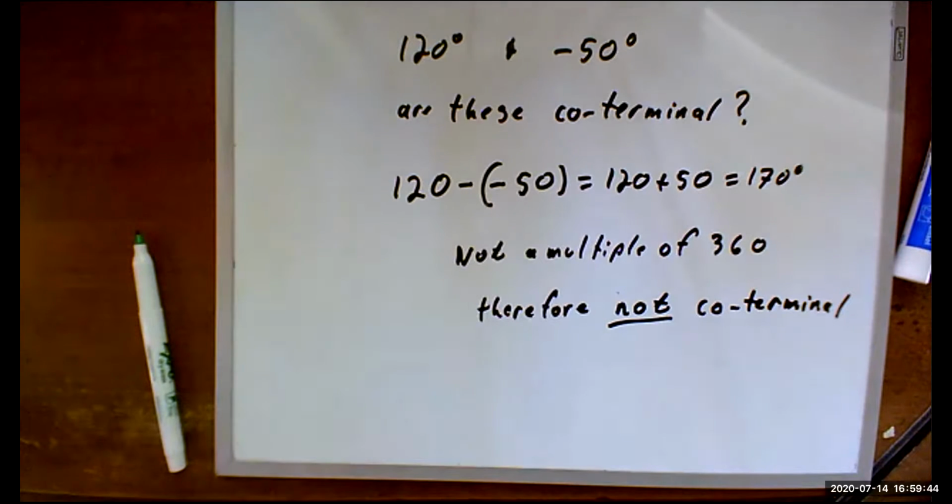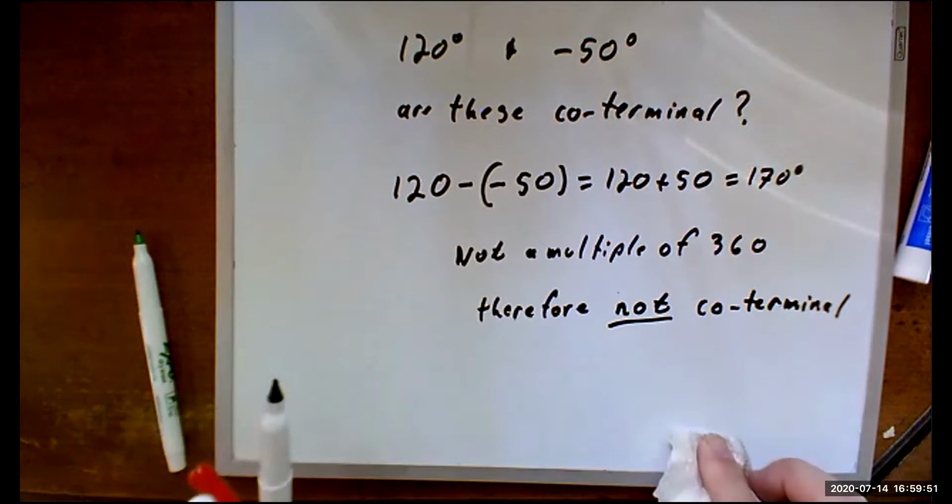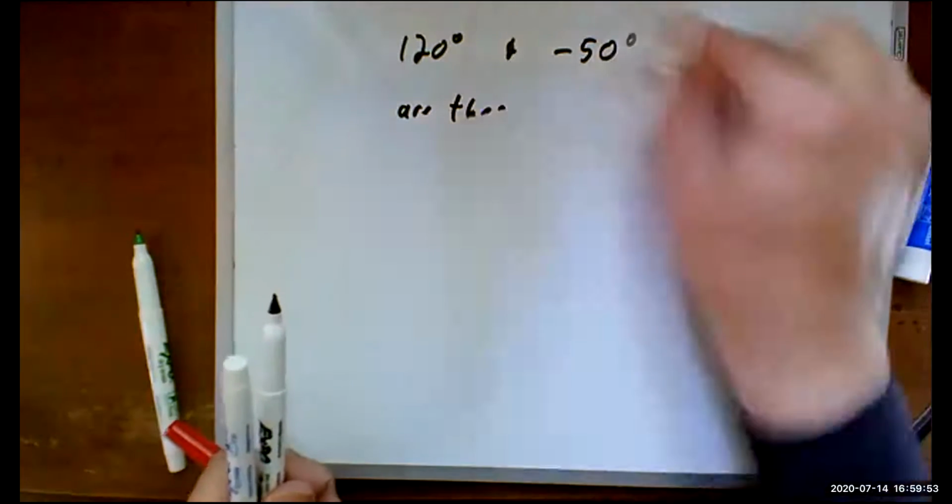Okay, let's do another example. This time we're actually going to find a coterminal angle as opposed to trying to determine if two are coterminal. So this is an example from the notes.